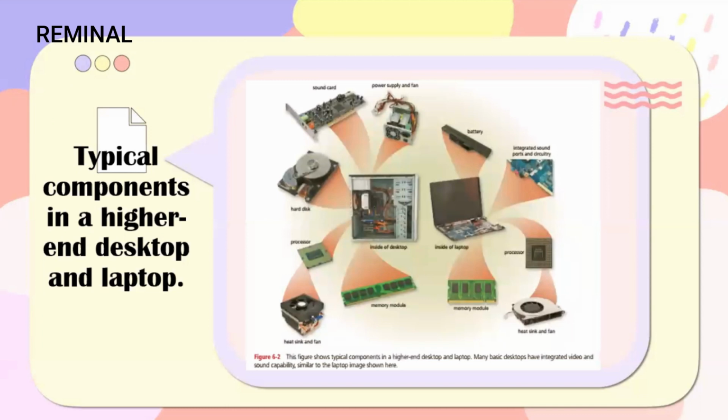Typical components in a higher-end desktop and laptop. At some point, kapag binubuksan na natin yung system unit or laptop, ito yung mga makikita natin. Both of them, pareho lang naman sila ng components. Ang pinagkaiba lang nila is yung lalagyan. The sound card and circuitry, which nagko-connect sa inside and outside cord ng computer. Power supply, dyan kumukuha ng electronic power para gumana yung computer.